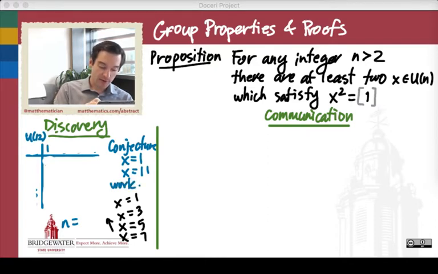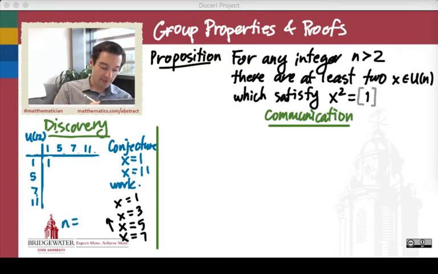So in U12, the elements are 1, 5, 7, and 11. So U12 also has only 4 elements in it. We know that 1 squared is going to be 1.